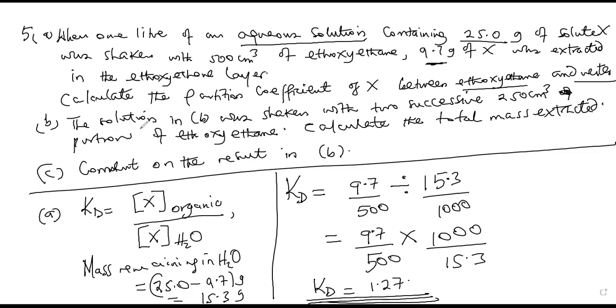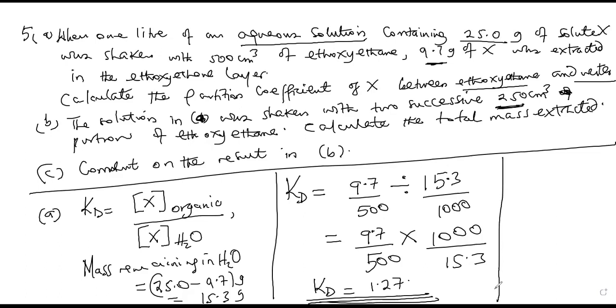Now they're saying that the solution in A was shaken with 2 successive 250 cubic centimeter portions of ethoxyethane. Remember, you initially had 25 grams in the aqueous layer.